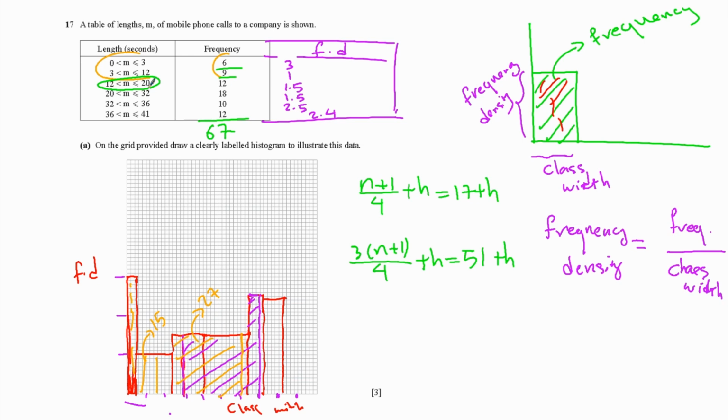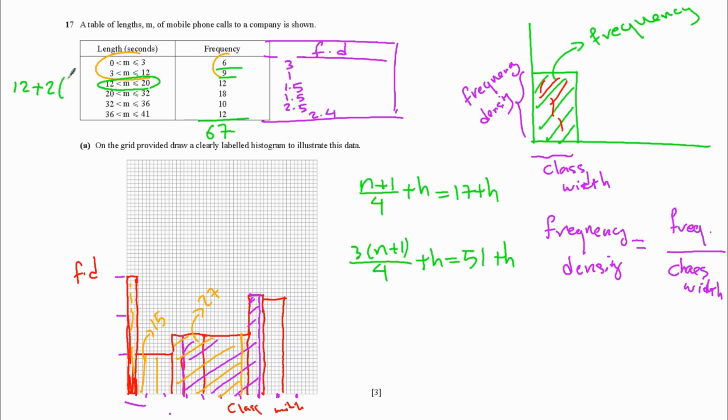So as an estimate, we can divide 8 by 12, which is 2 over 3. So each frequency is 2 over 3 in the class between 12 and 20. Considering that we are looking for the 17th, and we have 6 and 9, which is 15, we need just 2 more. So the 17th would be, as an estimate, 12 plus 2 times 8 divided by 12, which is 2 over 3.